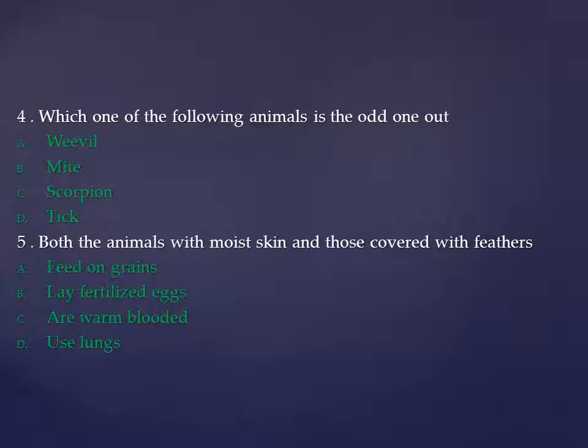Question 4. Which one of the following animals is the odd one out? Solution, or points you should have on your fingertips. A tick has 2 body parts and 8 legs.